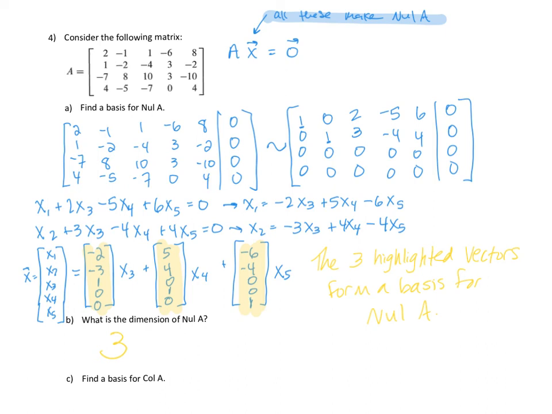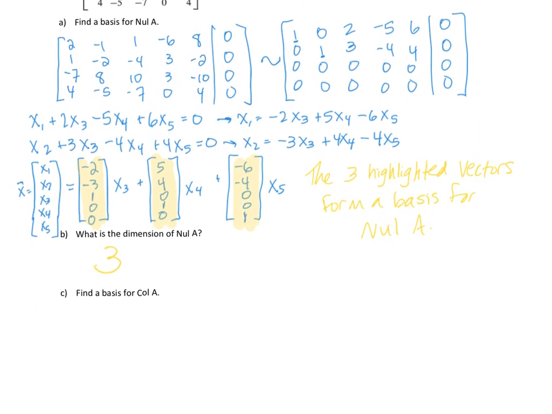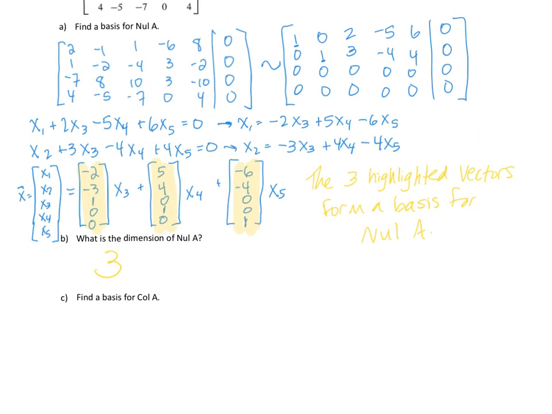Now we want to find a basis for col A. The basis for the column space is the pivot columns of A. I'm going to identify the pivot columns from the row reduced matrix, which I did in part A. So my pivot columns are this one and this one, column 1 and column 2. But I have to take them from matrix A, so this one and this one.